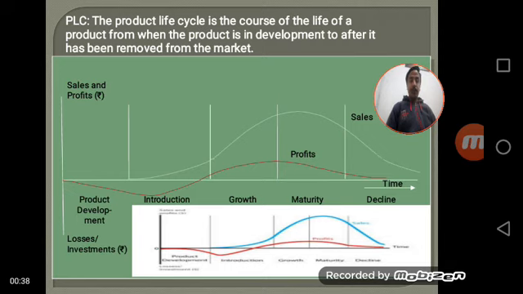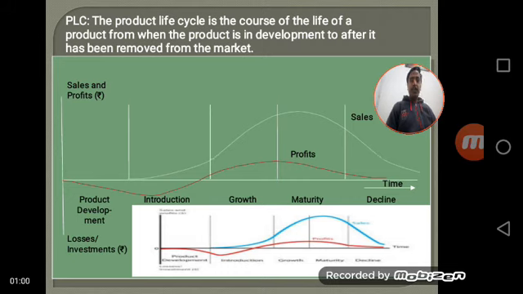So I will explain that also today, and also explain what the product life cycle is and how important it is for every company or business enterprise. So let's start product life cycle.